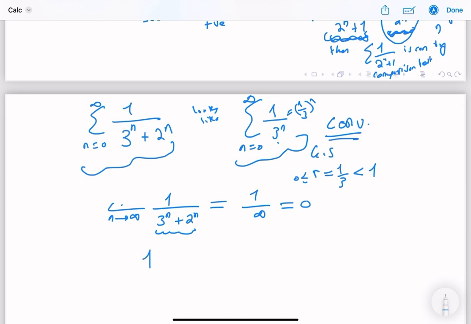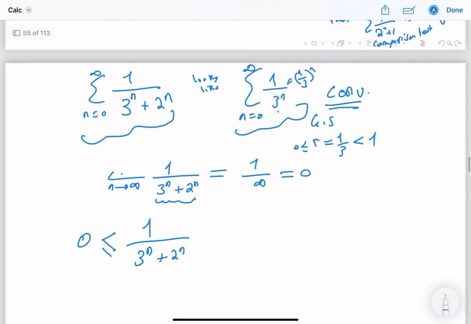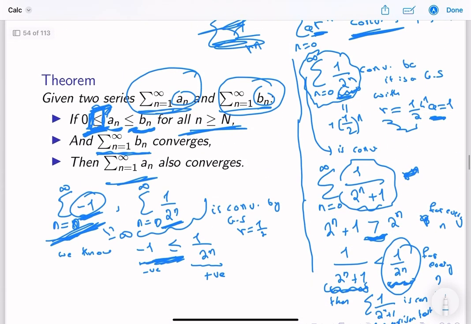Well, we're going to use the comparison test again. So we know that 1 over 3 to the n plus 2 to the n is always bigger than 0, right? This is very important, part of the assumption for the theorem.